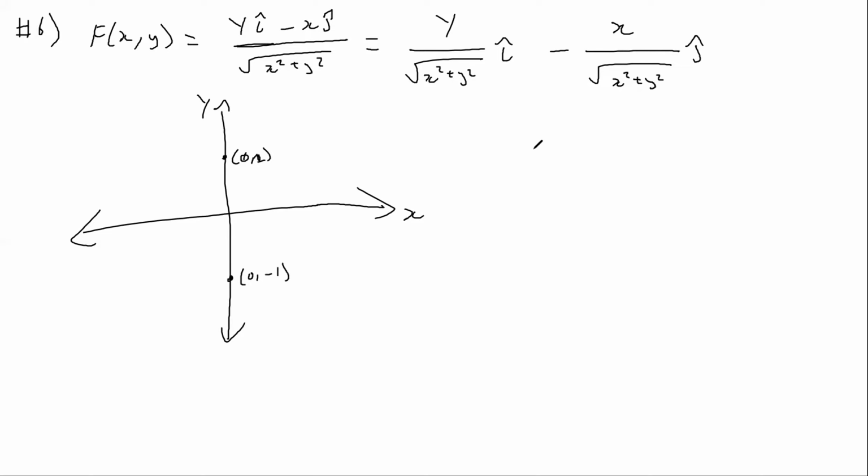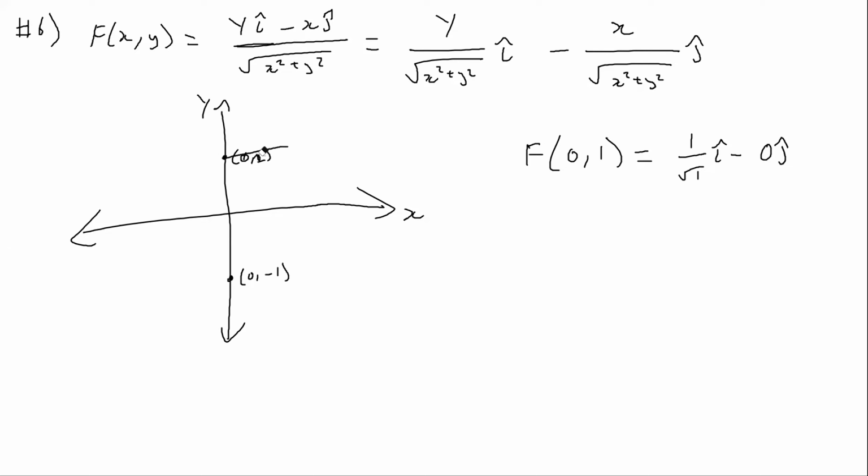If you notice, for F(0, 1), x is 0, so the j term is 0 j, while the i term is 1 over the square root of 1, which is just 1 i. So that's a unit vector pointing in the positive i direction.